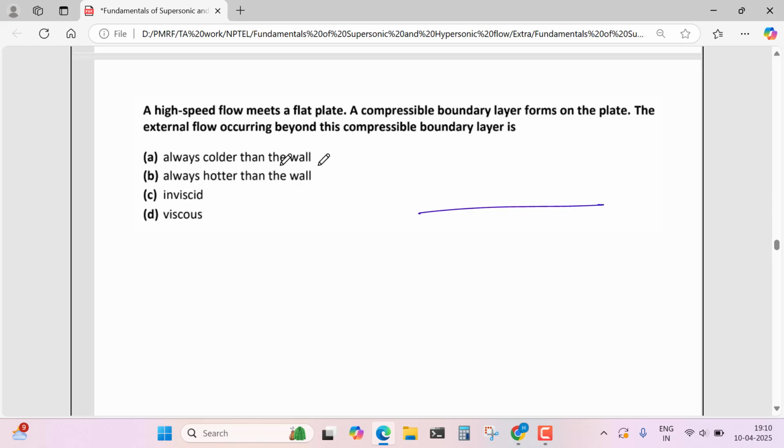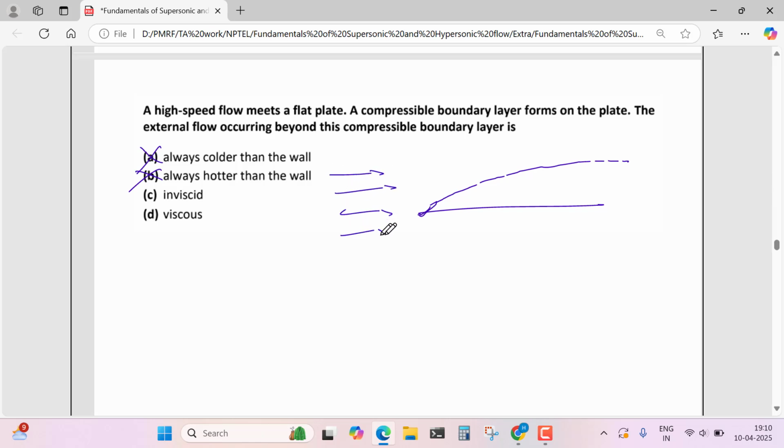One thing to note is that we cannot tell if it is always colder or hotter, because it depends on many conditions, like the temperature of the flat plate and what type of boundary conditions are there. So these two options will be wrong. Now in this problem, it is given that on the flat plate there is a compressible boundary layer with high speed flow.